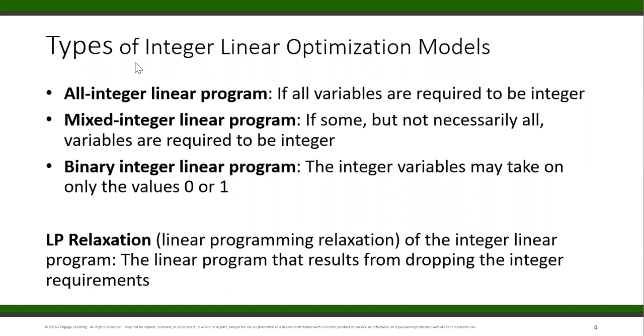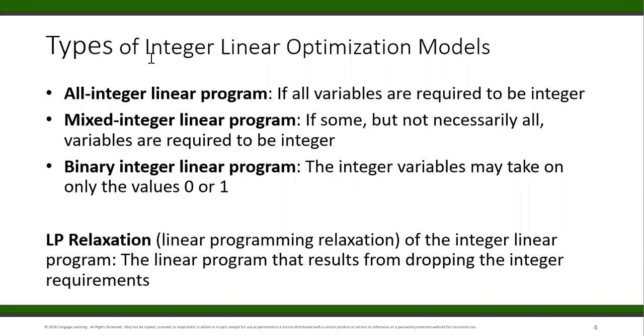The first one is that if all the decision variables are continuous, that's actually a linear optimization model, which is not in this slide. A linear optimization model is where all the decision variables in your model are of continuous type, right?